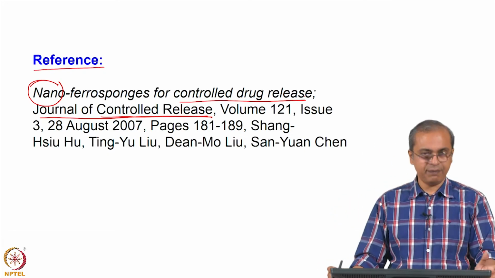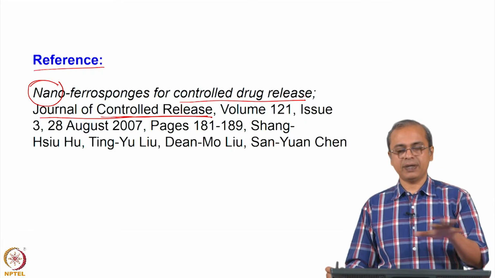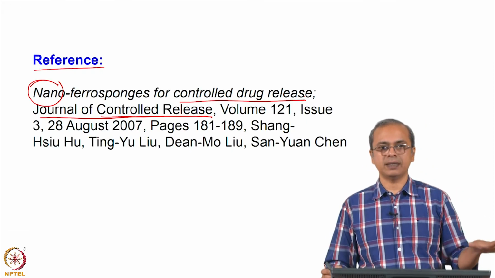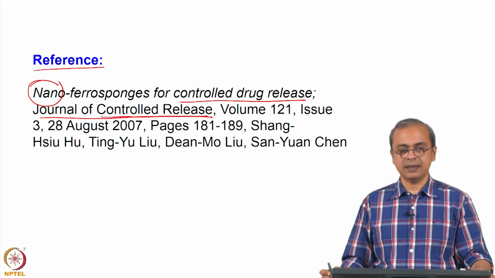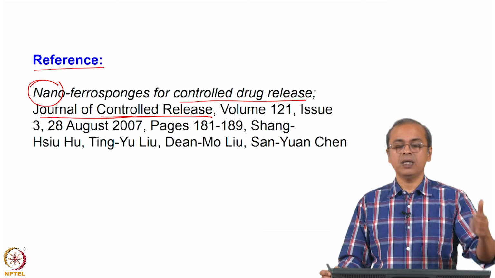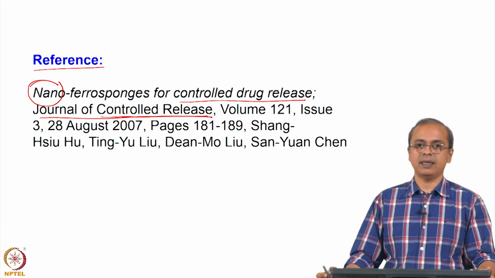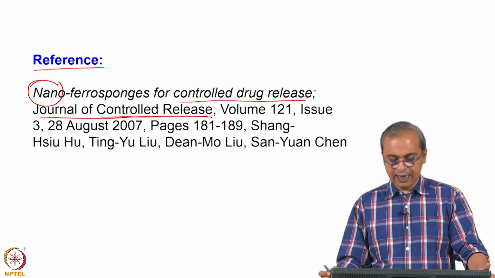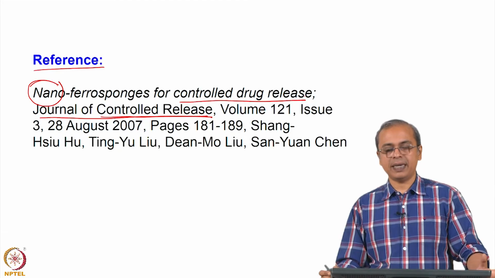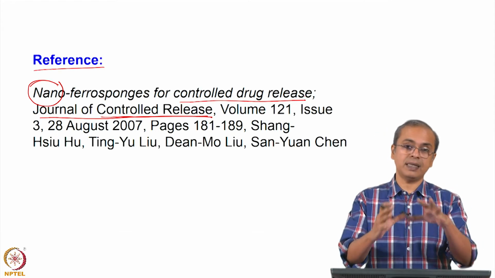Essentially this idea that we have spoken about in general terms in this class is used in great detail in this work. You can see how they prepare samples, how they create this nanoscale magnetic material, and having created it, how they incorporate it inside that tissue.